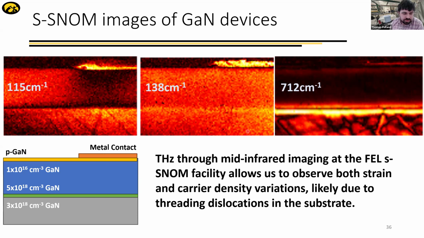And so in this case, we have a pin diode where we actually see contrast between different layers. We can see on the top, these are 3 different frequencies across the infrared. We can see top metal contacts. We can see a drift layer.